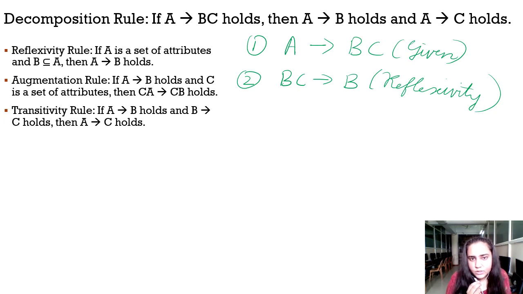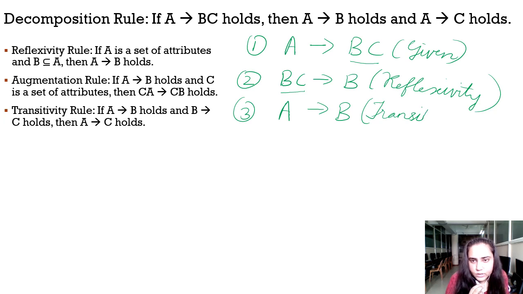So this can be written directly, and now you can see that my work is very easy. I simply have to write down A determines B, because if you combine these two you can see reflexivity. Here also there is BC, and here also there is BC. So this is transitivity.